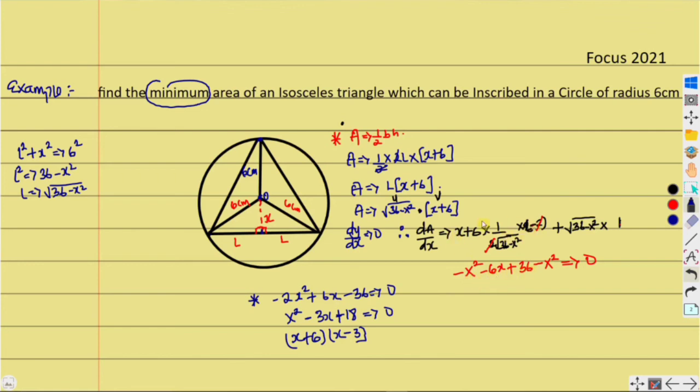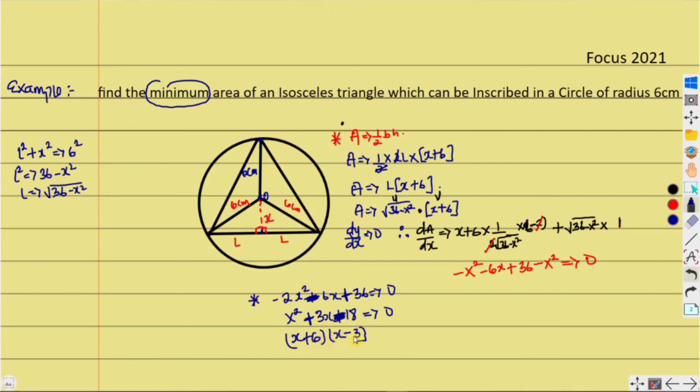This negative here is what I use here, then this will go up, cancelling each other out. 36 minus x squared minus 2x squared, this is minus 6x, so that is where the issue is coming. Minus 6x plus 36, so this will give me x squared, then plus 3x, and minus 18. Very good, and this is the factorization. Very good, this is correct.